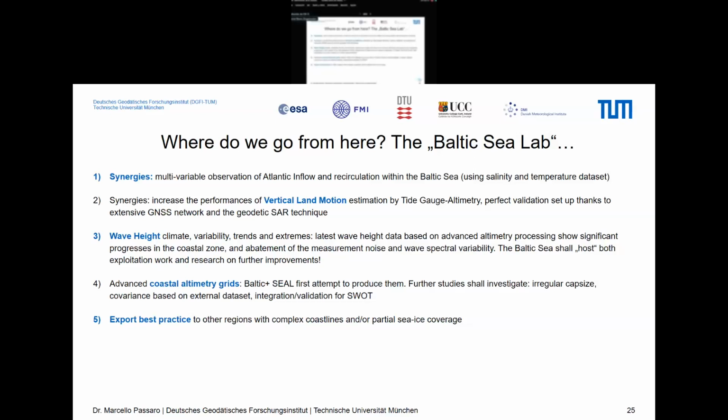And also we have seen some other studies focusing on improving wave height and coastal altimetry grids. For example, I think Marcello and Marie have just recently published a machine learning-based gridding approach, and that was also all motivated by all of these efforts.